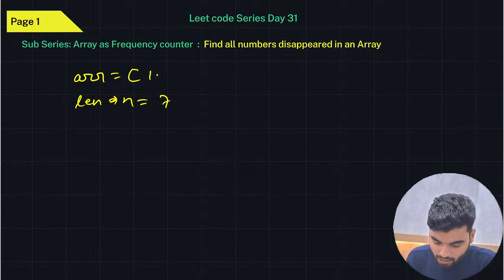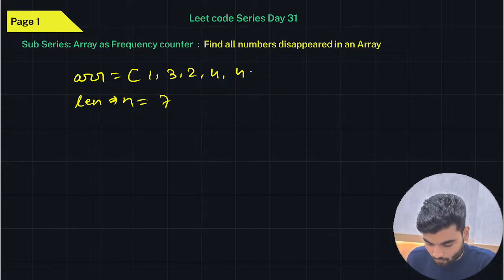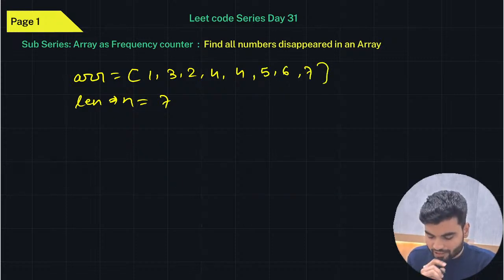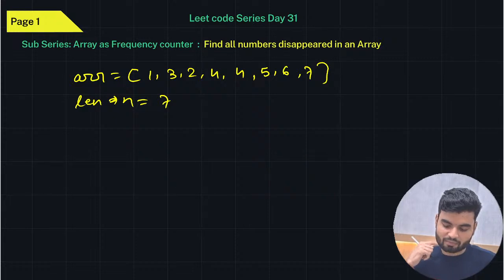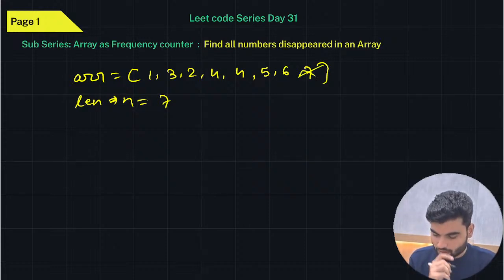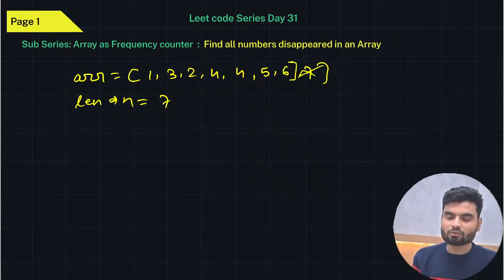So you have the values 1, 3, 2, 4, 4, 5, 6, 7. I just want to find the missing element. Actually, 7 I probably cannot have if the length is 7, so these are 8. In this particular range, I want you to know which element is missing.